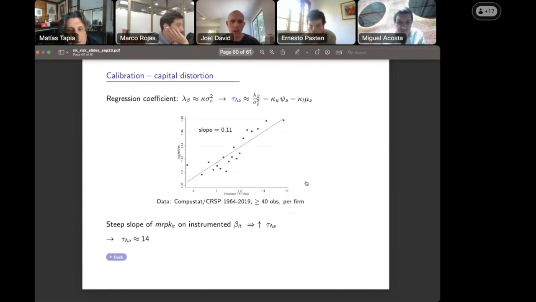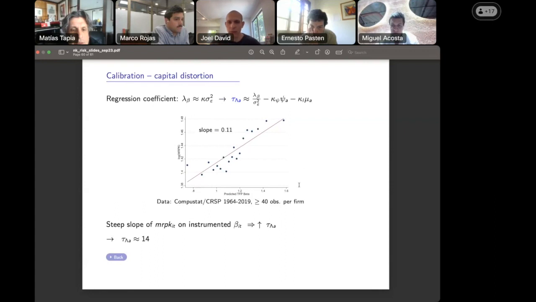So let me show you just a picture of how I'm backing out tau lambda A. I think this is important. Forgetting the equations on the slide, what I'm showing on the vertical axis is a bin scatter of firms' marginal products of capital. On the horizontal axis is firms' predicted TFP betas.